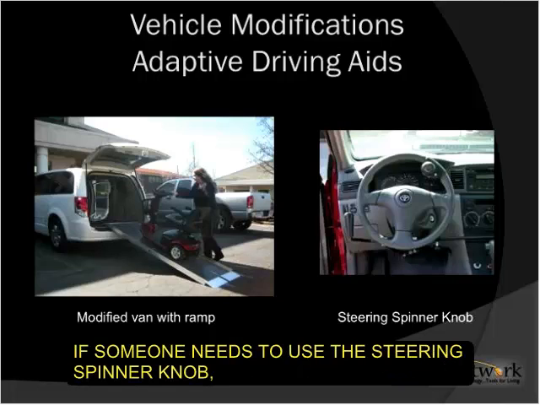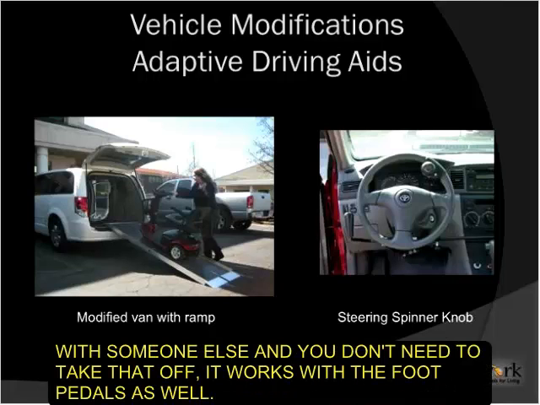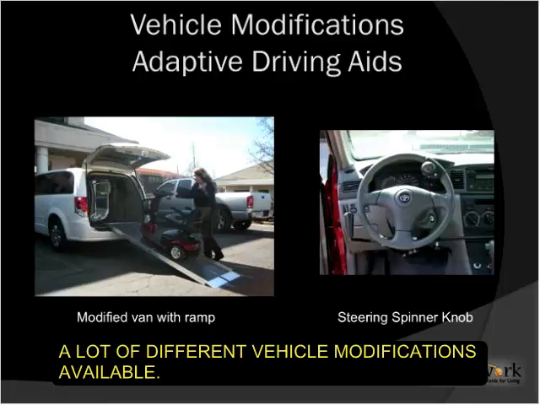So if someone needs to use the steering spinner knob and you're sharing a car with someone else, you don't even need to take that off. It still works with the foot pedals as well. So there are a lot of different vehicle modifications available.